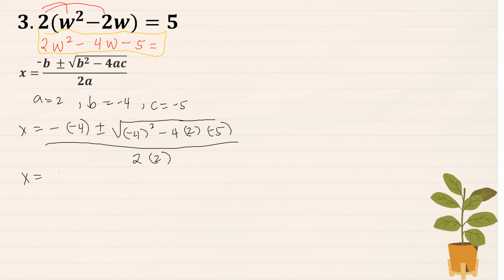So to further simplify, this will be positive 4 already, and then plus minus the square root of 16, and then negative 8 times negative 5 is positive 40. So therefore, this will be over 4.